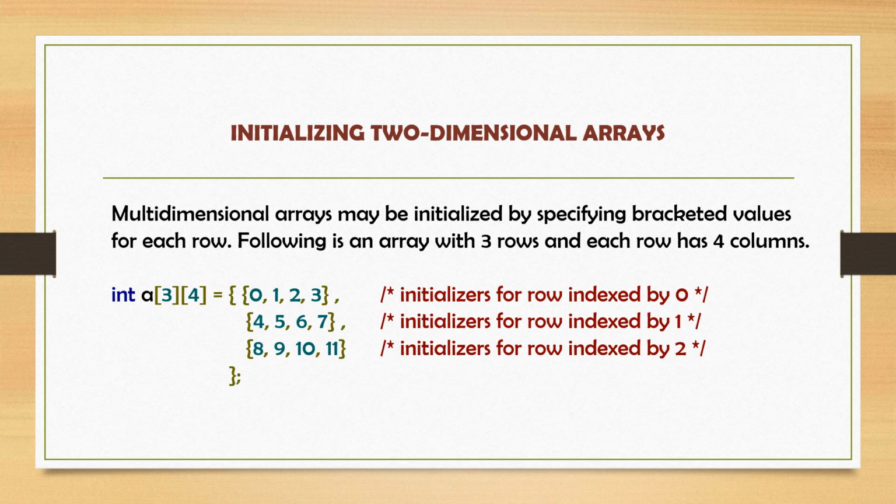This slide shows you how to initialize two-dimensional arrays. Multidimensional arrays may be initialized by specifying bracketed values for each row. Following is an array with 3 rows and each row has 4 columns.